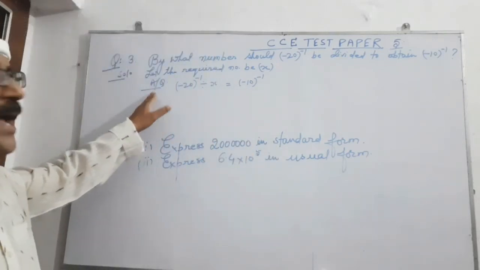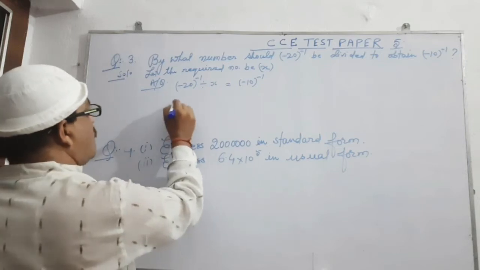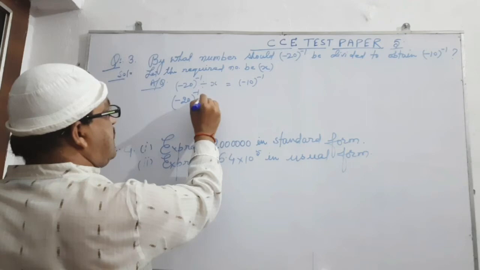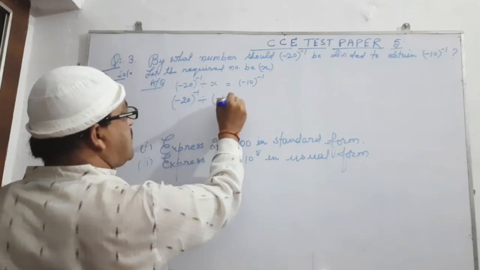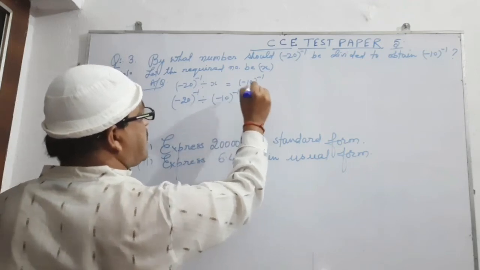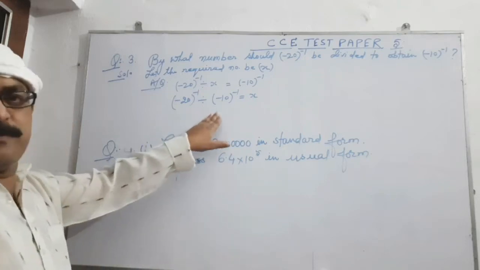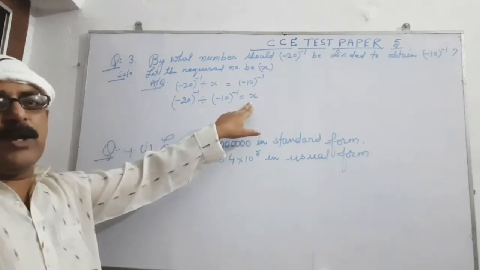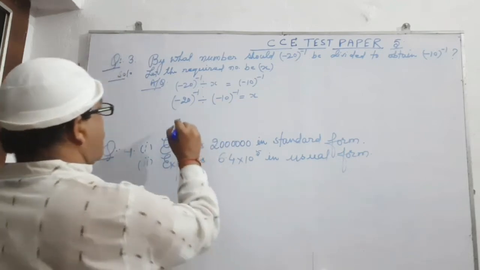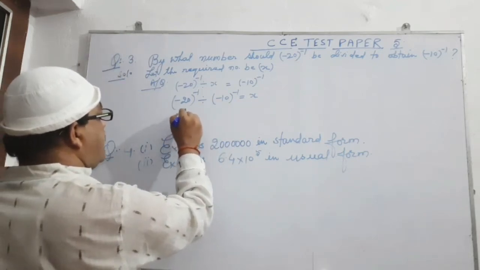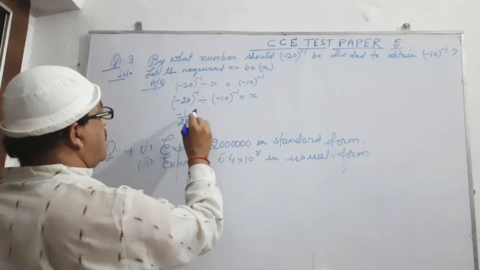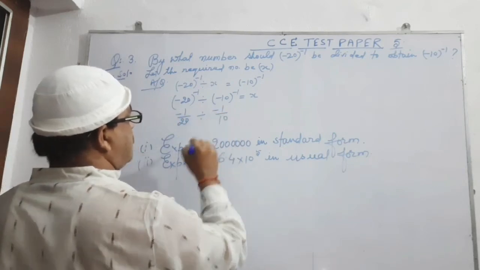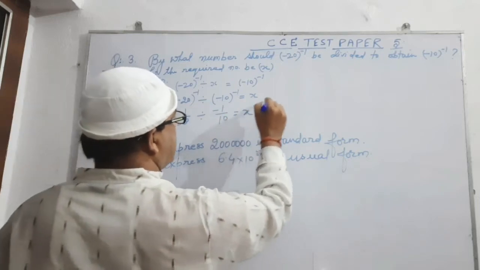Here we have to solve it. Now, 20 to the power minus 1 divided by minus 10 to the power minus 1 is equal to x. You may write it so, and if you solve these, you will obtain the value of x. Here minus 1 by 20 divided by minus 1 by 10 is equal to x.